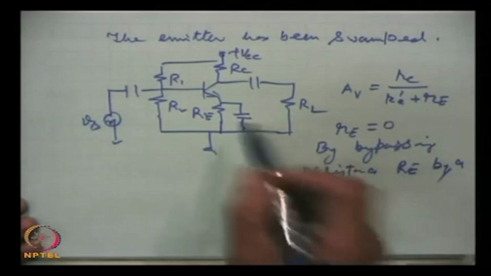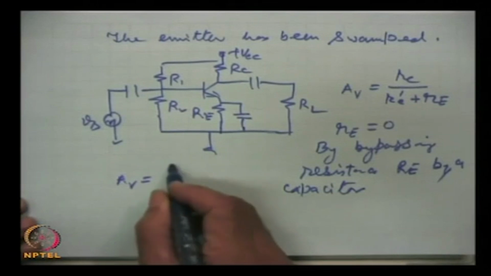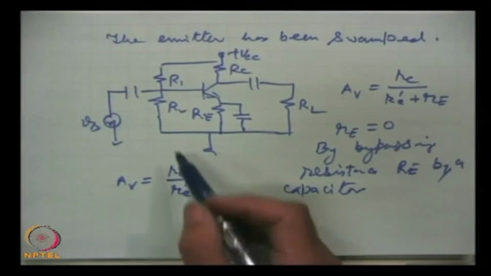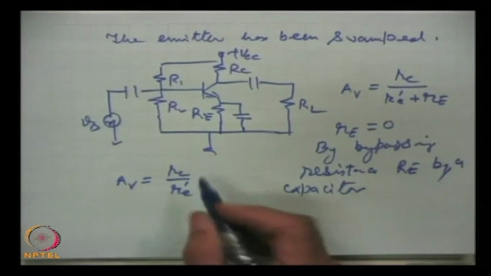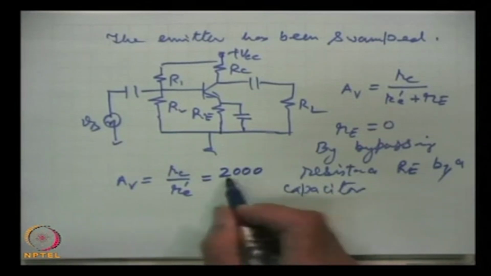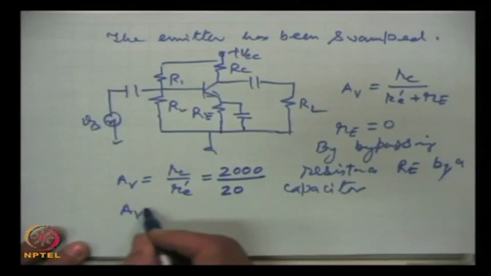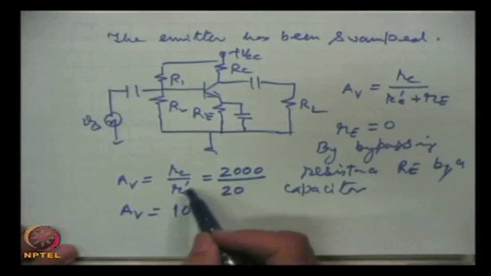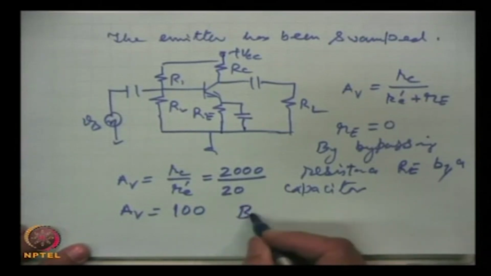If we use this capacitor, then we get for voltage gain Rc by Re prime, but this way the gain has become very large, because Rc is in kilo ohms. If Rc is suppose 2 kilo ohms, that means 2000 ohms, and Re prime is 20 ohms, then the voltage gain is 100. It is very high, but this is temperature sensitive. So, this will be high, but unstable.